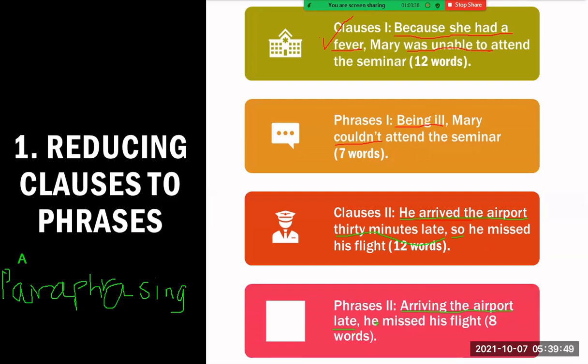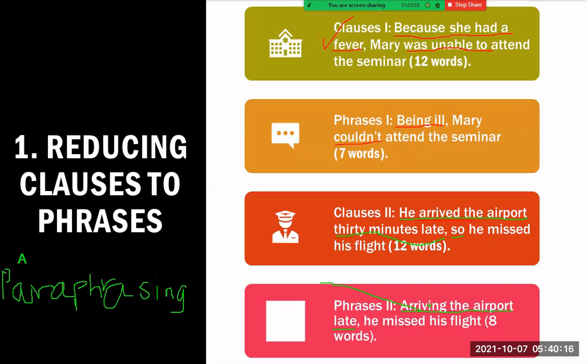Arriving the airport late, he missed his flight. Now, I want you to understand that this is what is called a participle clause. A participle clause is a subordinate clause that begins with a participle. That is a participle clause.